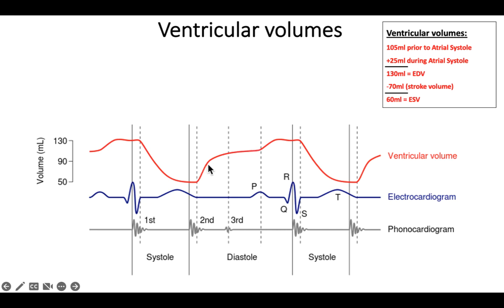So we're going to passively refill back up to the 105. All right, and now we're right back where we were over here. We're at the 105. We add the 25, and then we eject again. All right. So again, this graph may or may not help you, but it shows the volume changes that occur in the ventricle during a cycle.